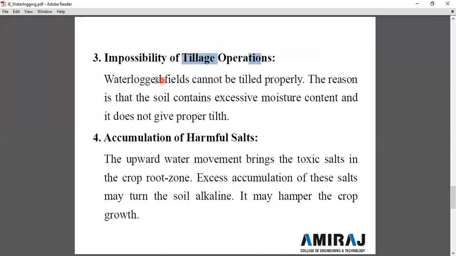Impossibility of tillage operation. Waterlogged fields cannot be tilled properly. The reason is that the soil contains excessive moisture content and it does not give proper tilth.